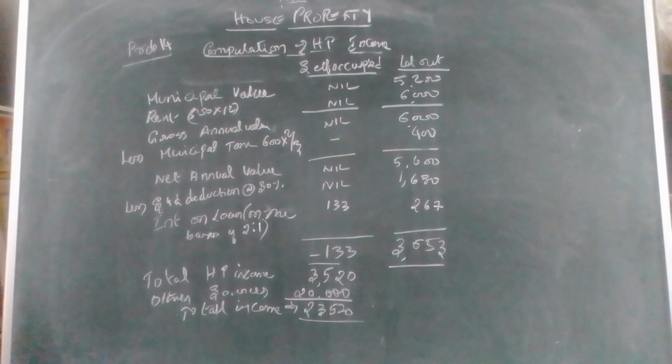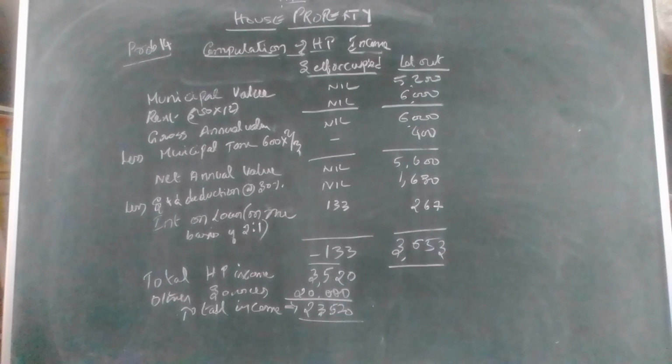The total amount of interest on loan is apportioned on the basis of 2:1: 133 for the self-occupied and 267 for the let out property. Why? Because interest on loan for repair, renovation, etc., can be considered for self-occupied property also. It is applicable for self-occupied property also. That is why we are taking the interest on loan.